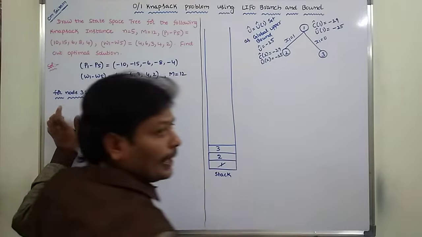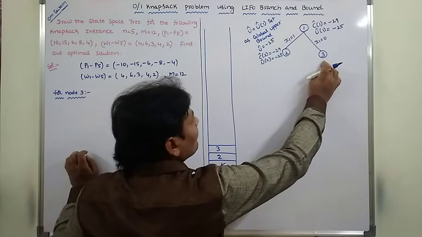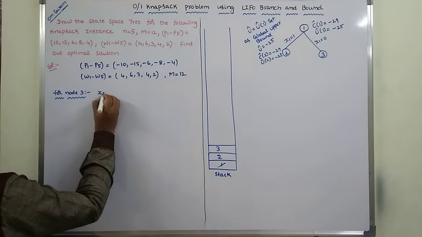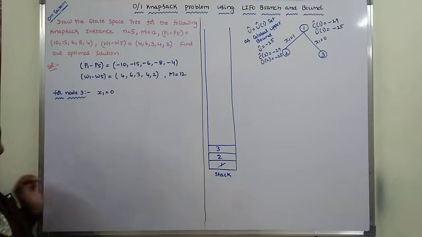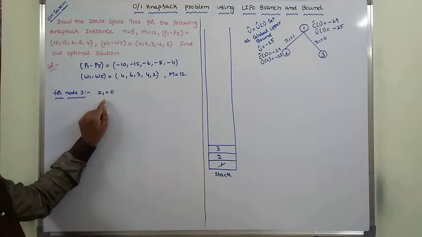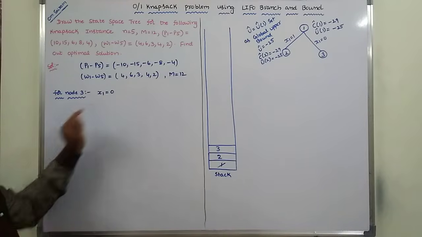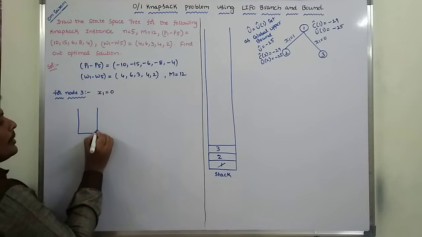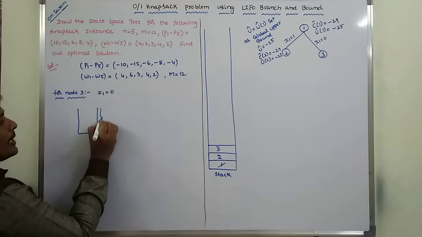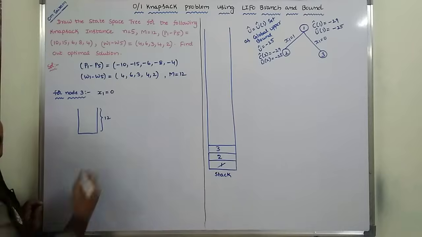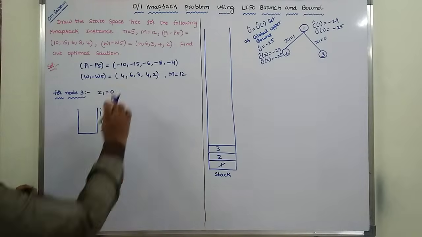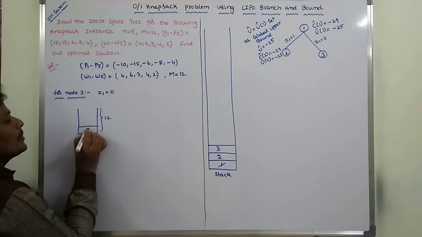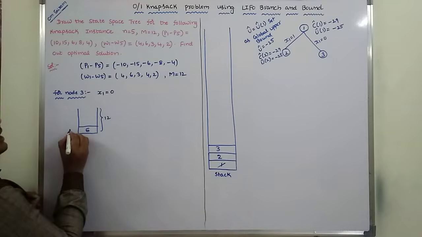For node 3, how are we reaching node 3 from the root node? x1 is equal to 0. x1 is equal to 0 means among the 5 objects, the first object is not considered. So therefore the capacity of the knapsack is 12. Okay. The first object is not considered. Go for the second object. The second object is completely placed into the knapsack.